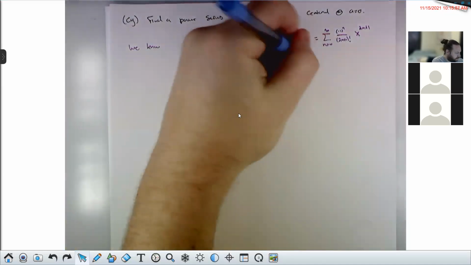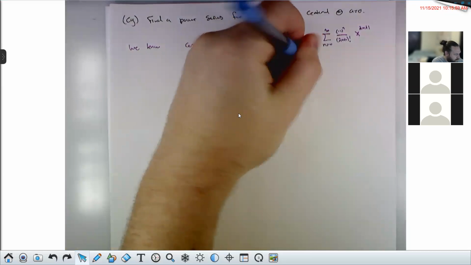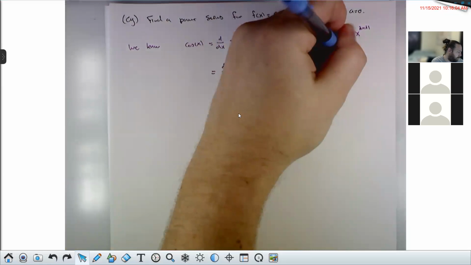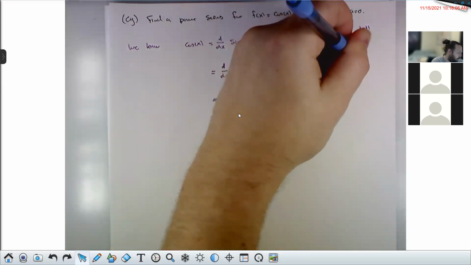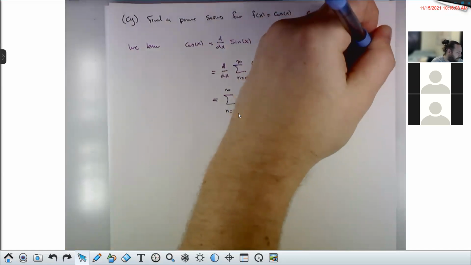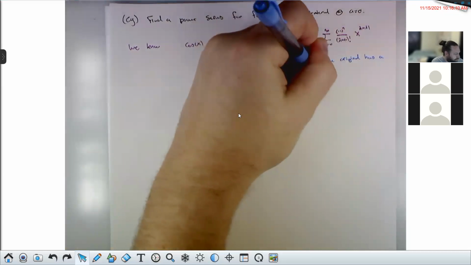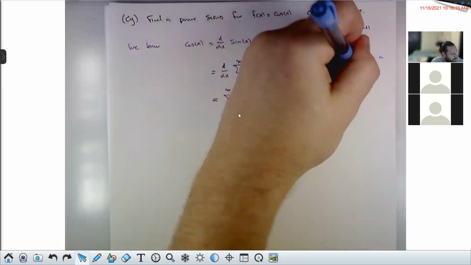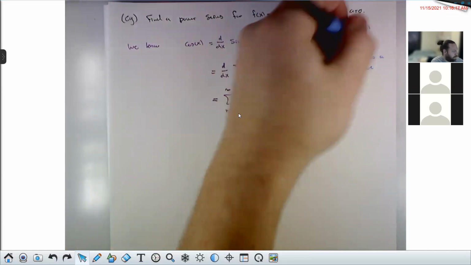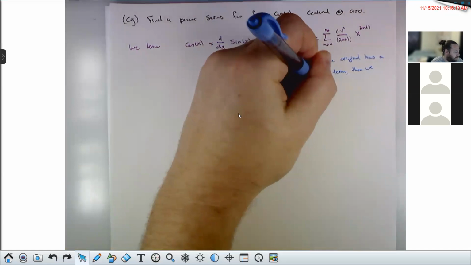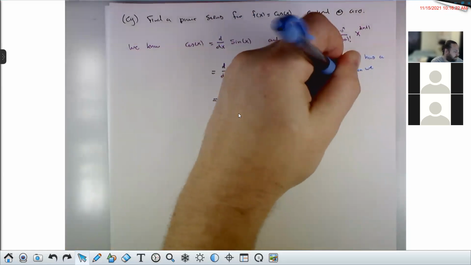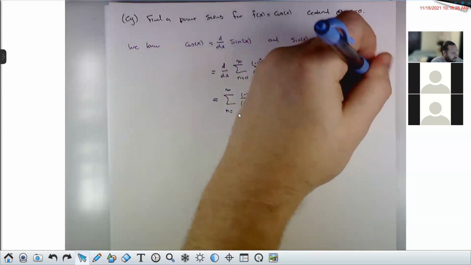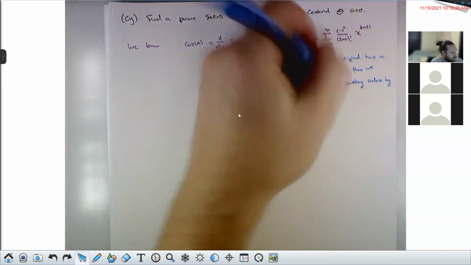So recall, if the original power series has a constant term, then we bump up the starting index by 1.